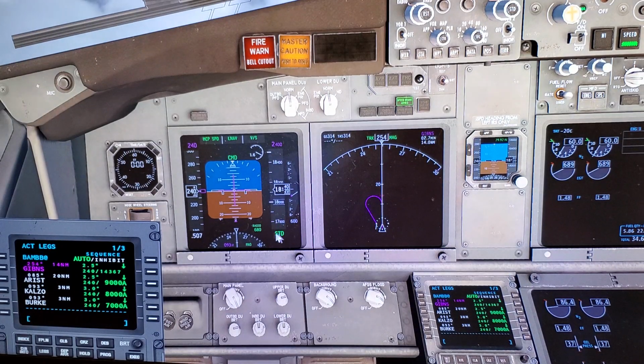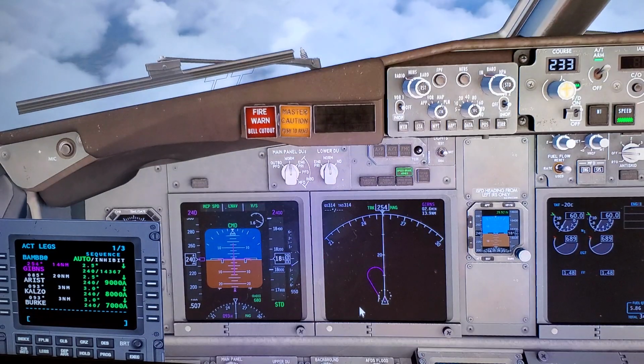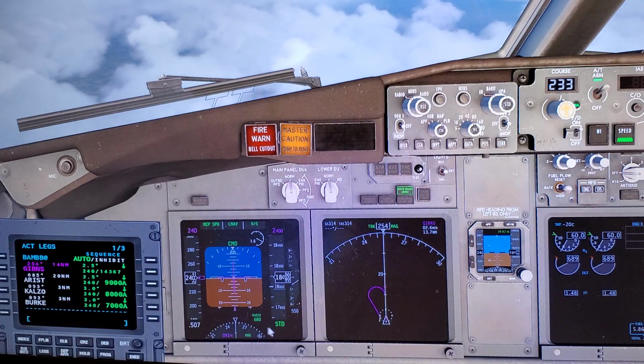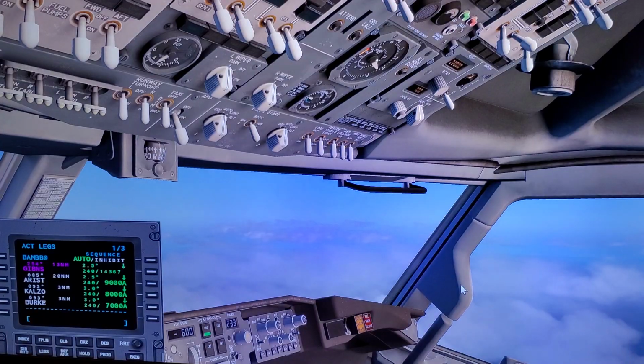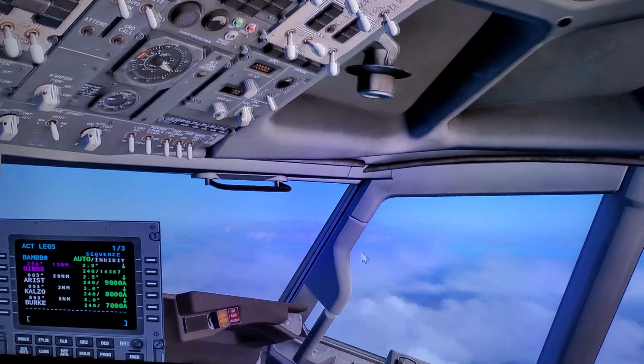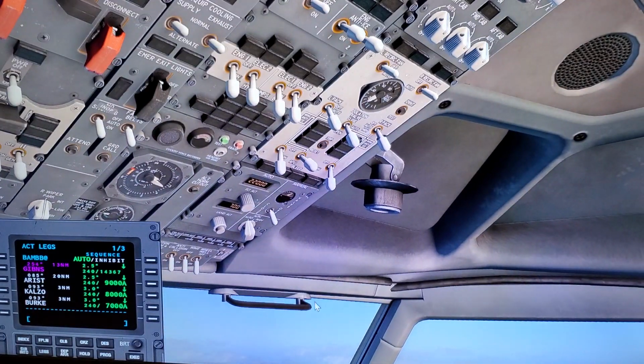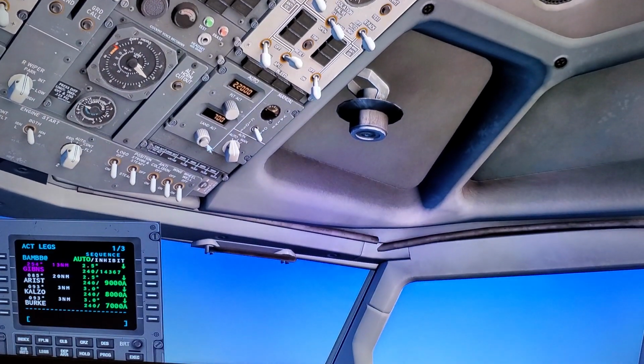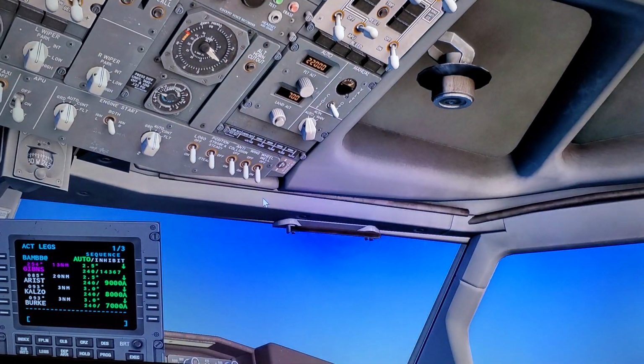We're going to be at 10,000 on the QNH of 992. Barometric minimum 680, which I put at 700. Set.